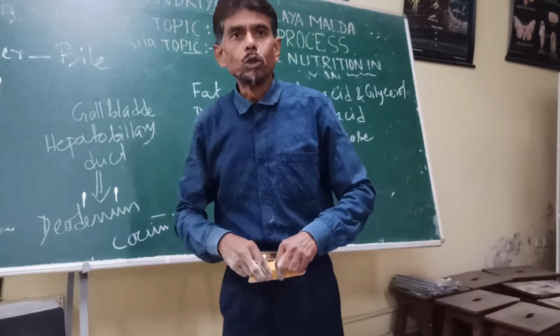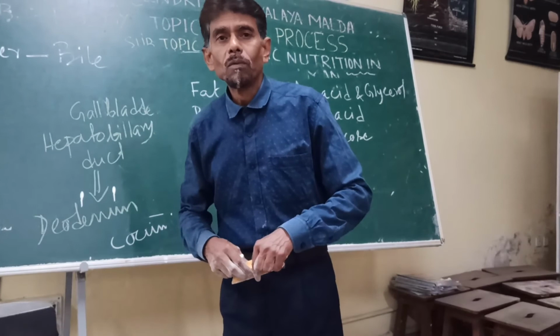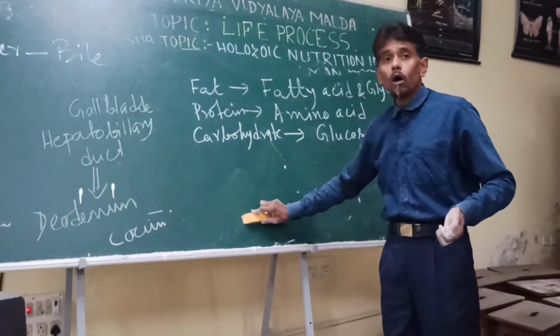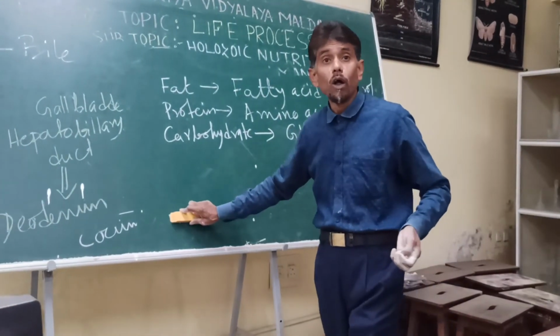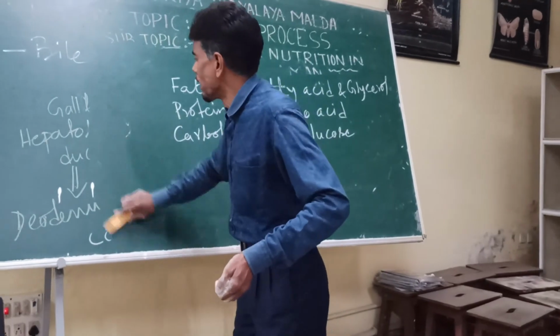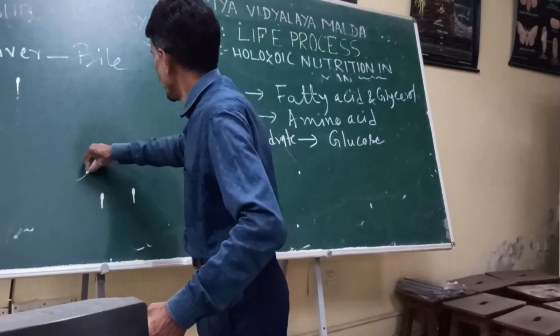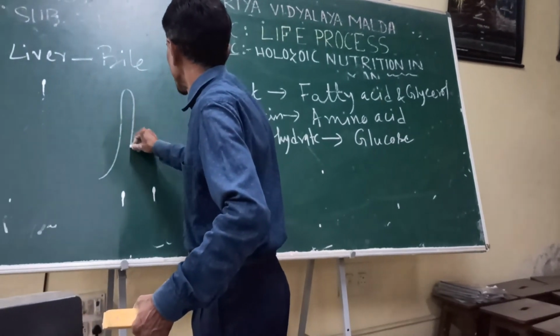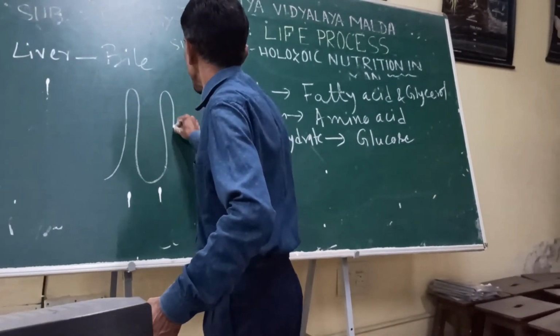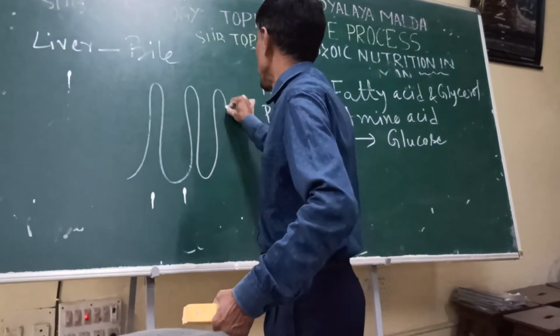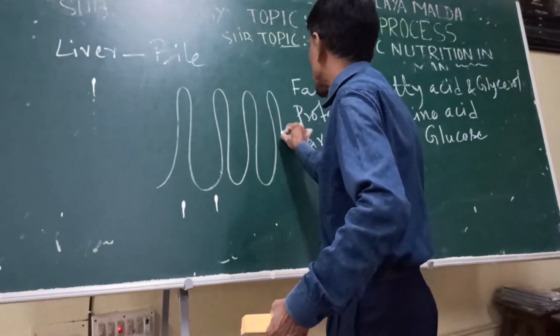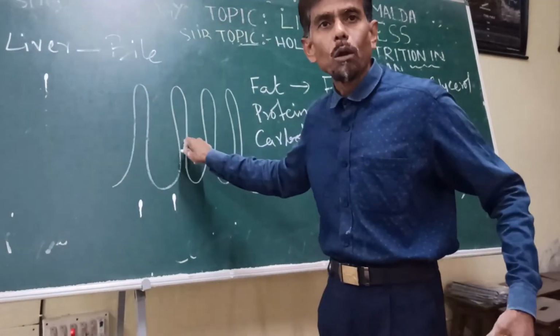Then they will be absorbed. Where will they be absorbed? The wall of the small intestine has finger-like projections. These finger-like projections are called villi.